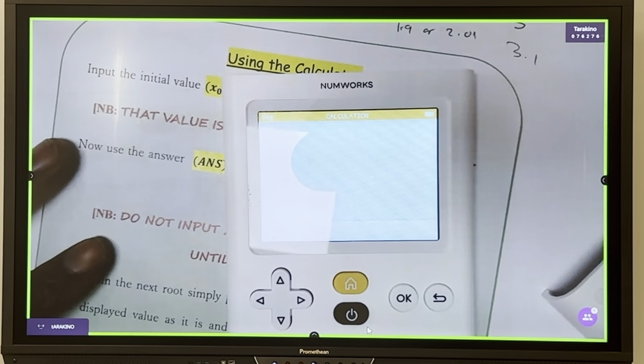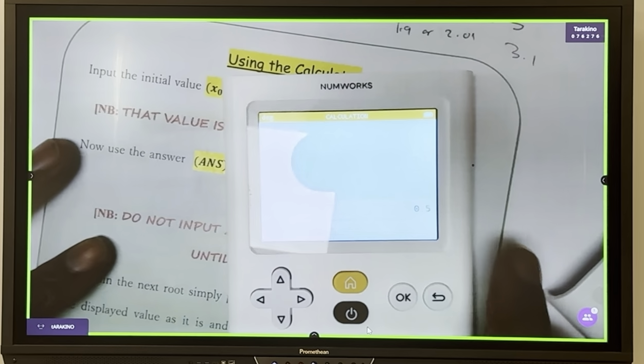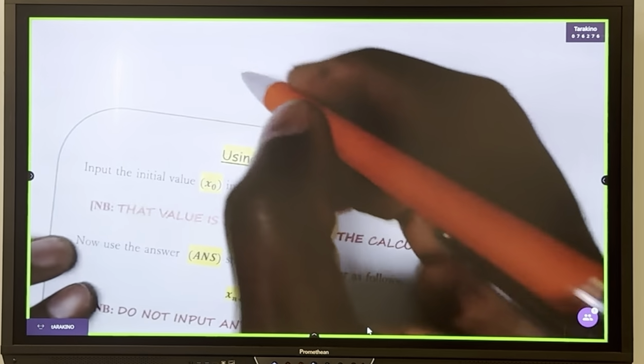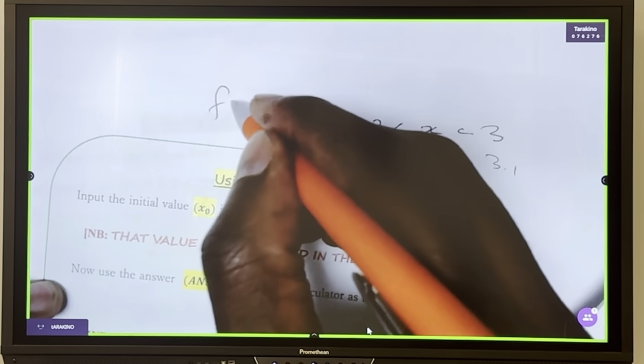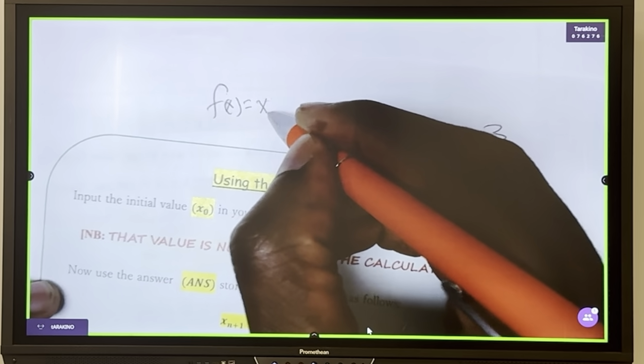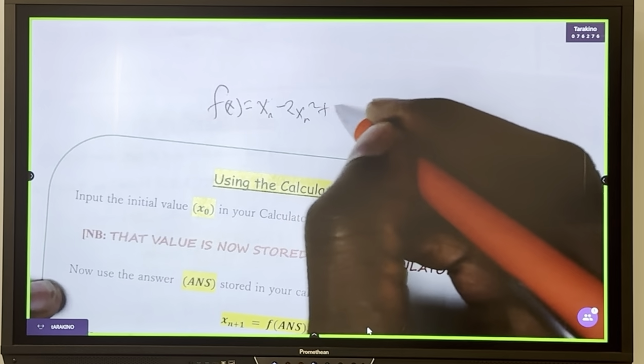That would be my initial value. So this 0.5 is now stored, right? So maybe your function is f of x. The iteration is maybe xn minus 2xn squared plus 4, right?